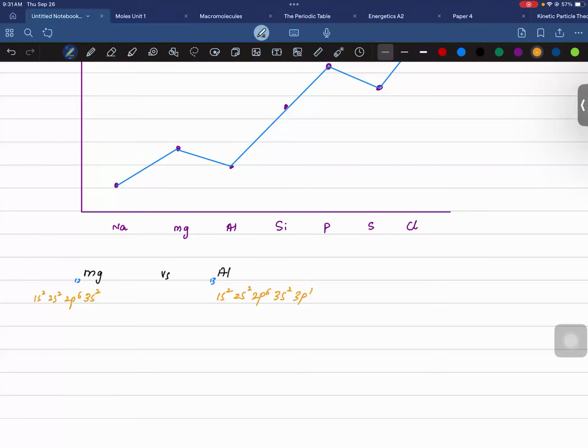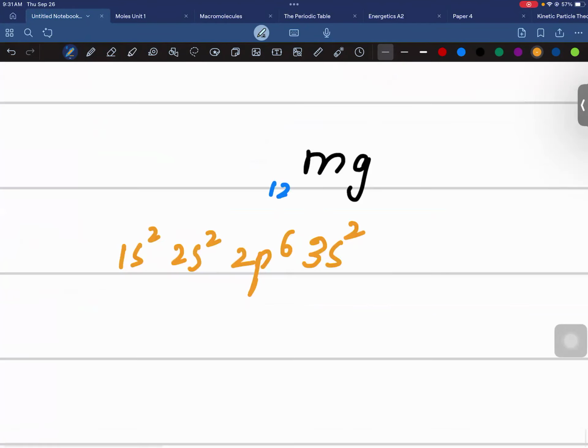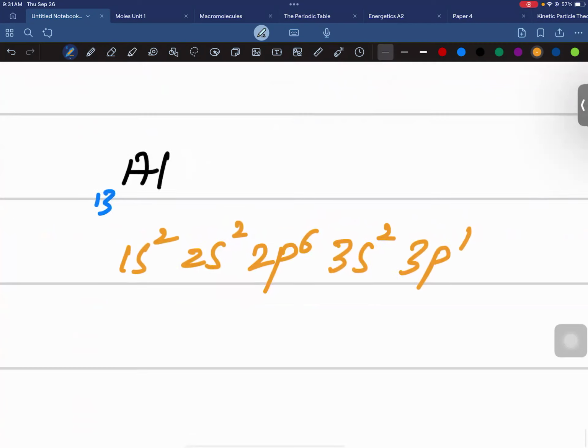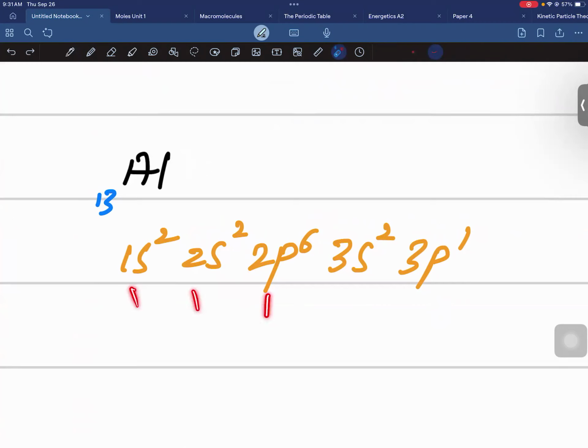If you can see in magnesium, 3s2 is fully filled, more stable. And if you see the outer orbital of aluminum, this is 3p1. You can notice this is the 1, 2, 3, 4, 5, the fifth orbital, which is away from the nucleus. It's loosely attracted.